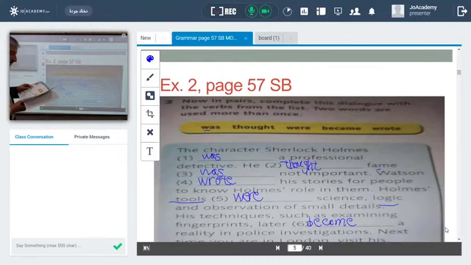Next time you are in London, visit his famous apartment at 221B Baker Street. So he stays in Baker Street. It became a museum in 1951. So it became a museum in 1951.